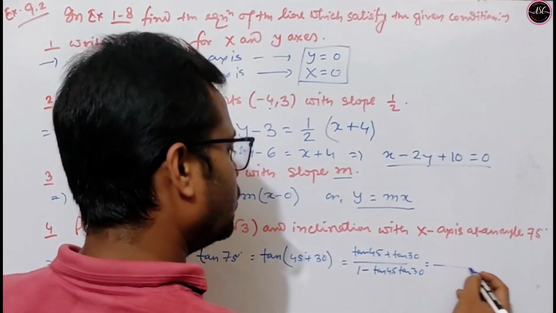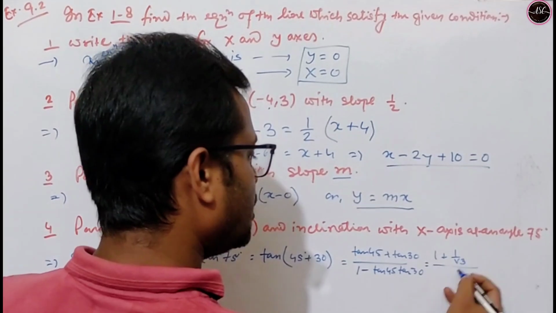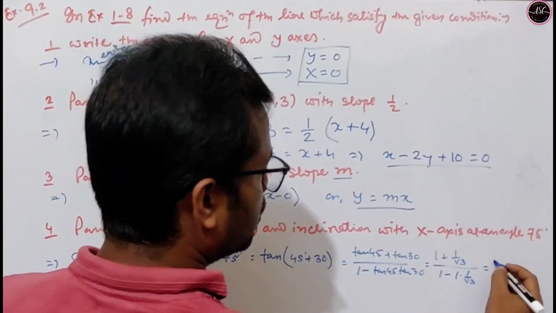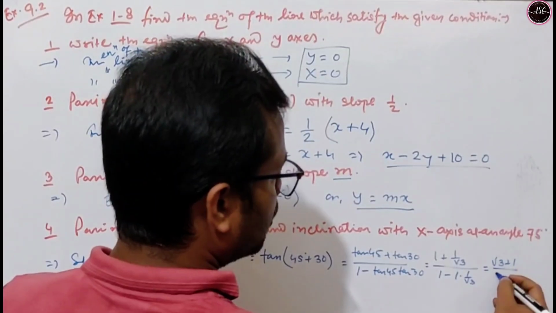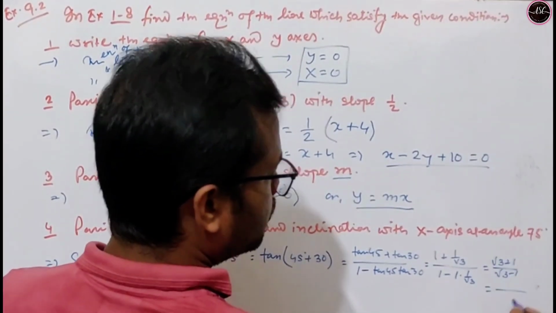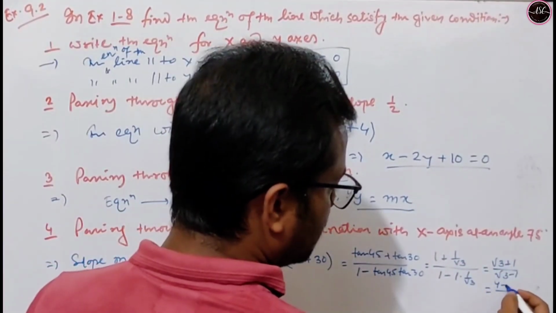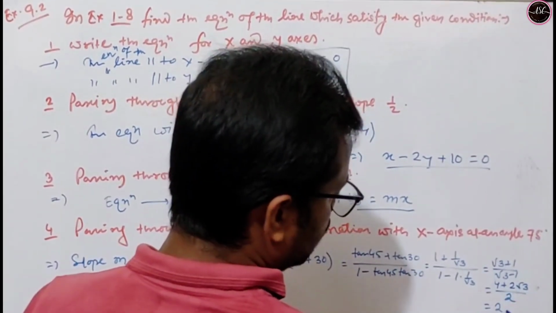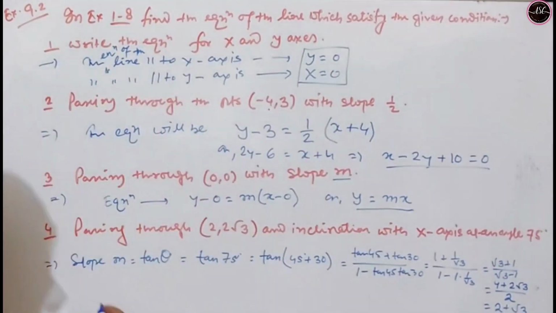So the value will be 1 plus 1 by root 3 divided by 1 minus 1 into 1 by root 3, that is root 3 plus 1 divided by root 3 minus 1. If we rationalize this, we get 4 plus 2 root 3 divided by 2, so that will be 2 plus root 3. So we get the value of m.